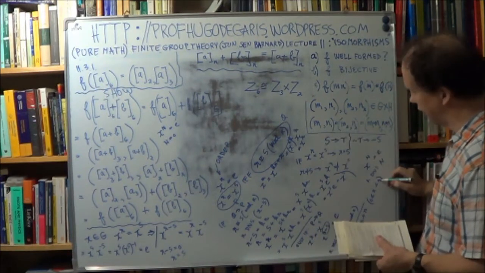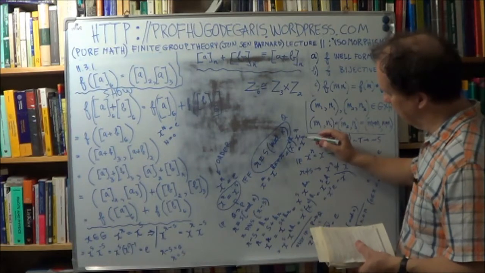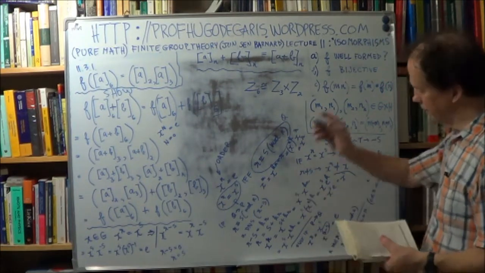Now r is less than n. So as this goes off into infinity, you're looping.